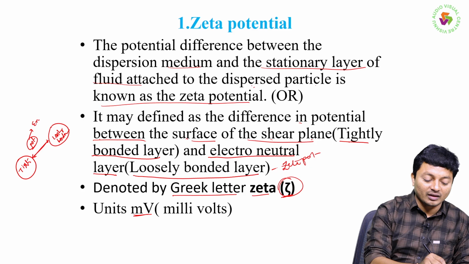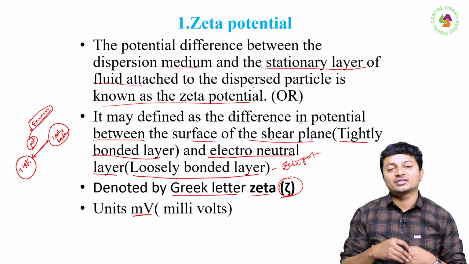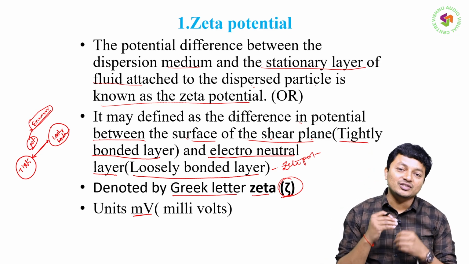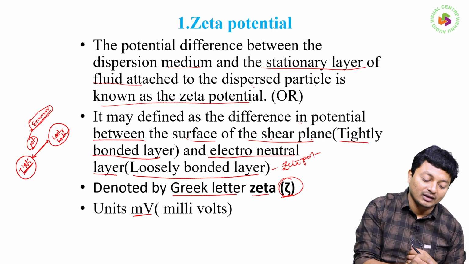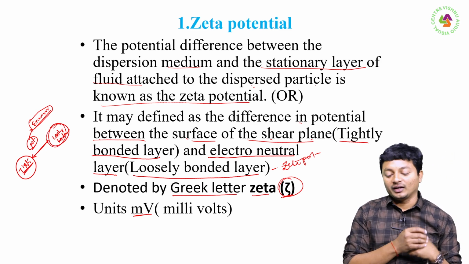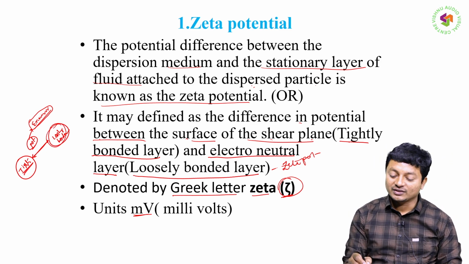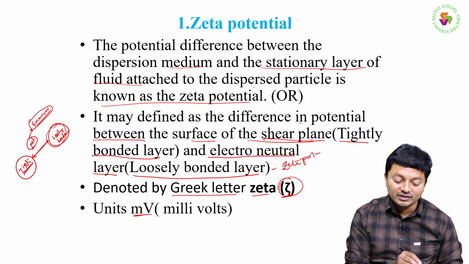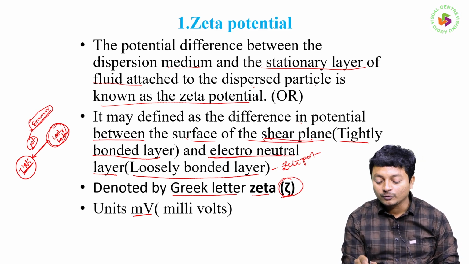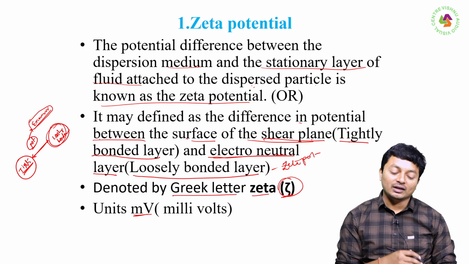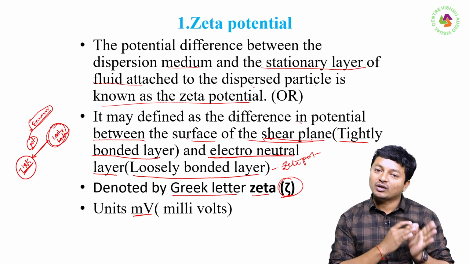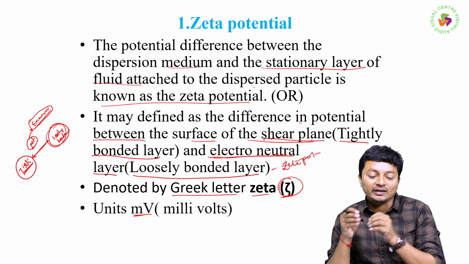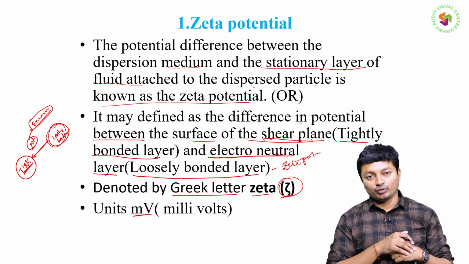Potential means energy. You can say the zeta potential is the energy difference between the strongly bonded layer or tightly bonded layer and the loosely bonded layer. So what is the tightly bonded layer called here? Shear plane. And what is the loosely bonded layer called? Electroneutral layer. So the overall conclusion of the zeta potential is that the potential difference between the strongly bonded layer and the loosely bonded layer is considered as zeta potential.